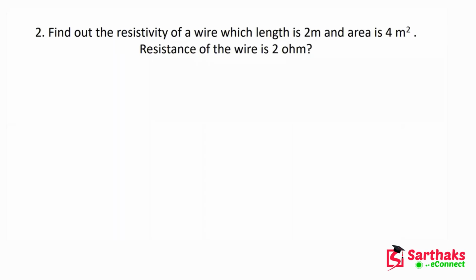So here in this slide, we will discuss this second question, and let's write down the solution. Basically guys, in this question, let's write down what data we have been given. We have been given the length, that is 2 meter.